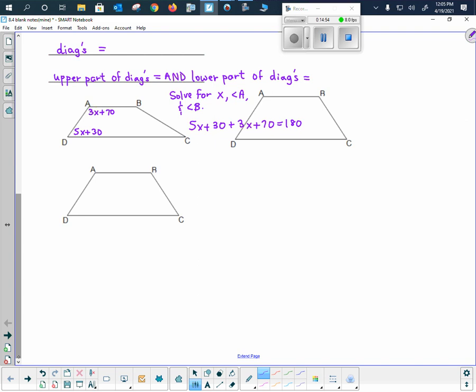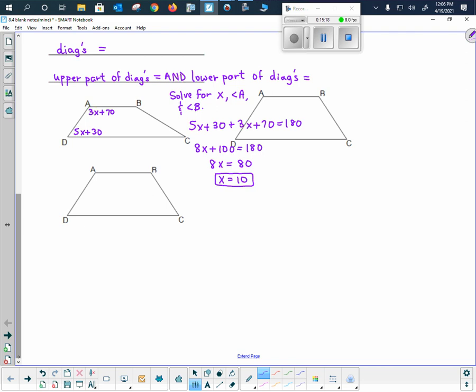Here's my equation. So 5x and 3x, I've got 8x plus 100 equals 180. If I subtract 100 from each side, I have 8x equals 80. Divide by 8, x will equal 10. They did ask me to solve for x, so I'll go ahead and box that.